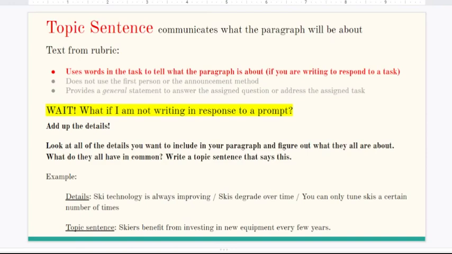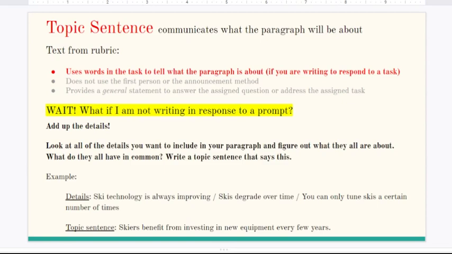Now, here's the deal. If the details don't have anything in common, they shouldn't all be in the same paragraph, because a paragraph is all about the same thing. The sentences in a paragraph are all about the same thing. A paragraph has one main idea and details to support it. So the details all need to be about the same thing.